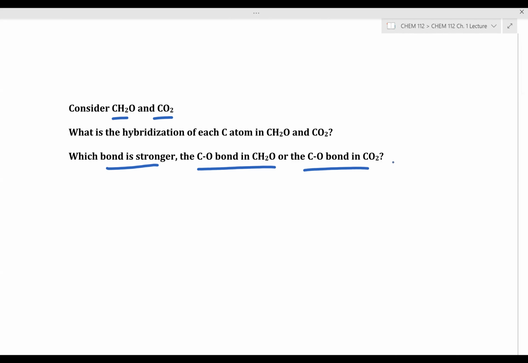Everything going okay? So which carbon-oxygen bond is stronger? Think about hybridization. Try writing the hybridization, so let's see which one has more s character.